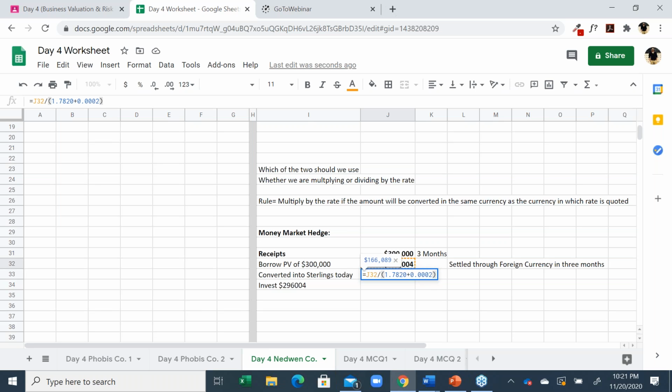So let's divide. If we convert these dollars into pound sterlings today, we will have 160,66089, and now we don't have these dollars. Instead of this amount, we have our local currency in hand.